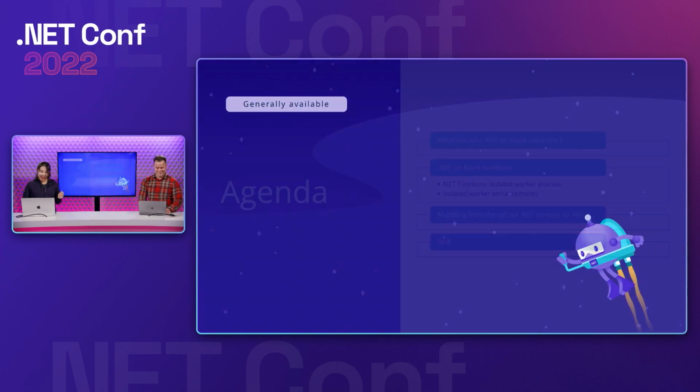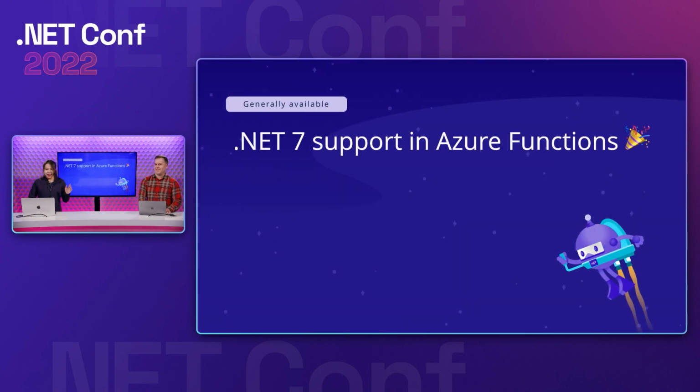Let's go. Oh, I know I kind of gave away .NET 7, but I really want to share. I'm very excited to announce .NET 7 support in Azure Functions is generally available today. Yeah, this is great news for our customers. So what does that mean?